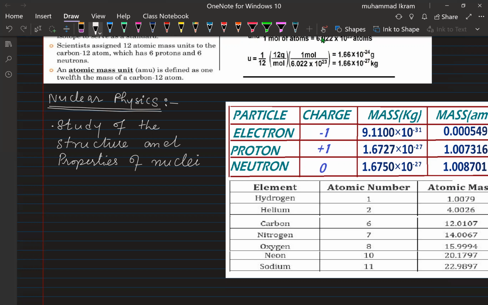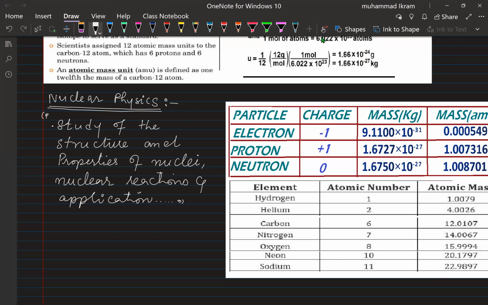Nuclei is the plural of nucleus. Properties of nuclei, nuclear reactions, and their applications in our daily life. This is what we will study in nuclear physics.